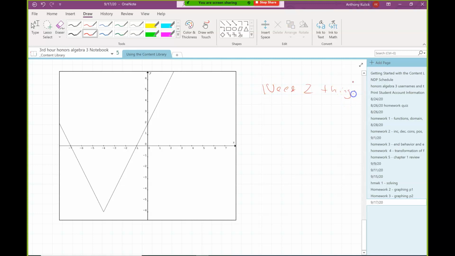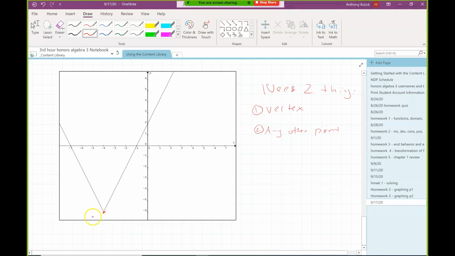To do this question, I need two things. I need the vertex and any other point. Okay with that?